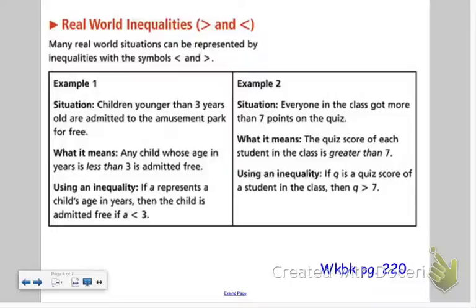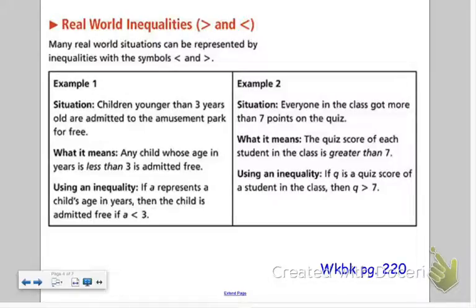On page 220 now, we're going to look at some real-world inequalities and use them in real-world situations. So the first example: children younger than 3 years old are admitted to the amusement park for free. So there's our situation. What does that mean? That means any kid whose age in years is less than 3 is admitted for free.